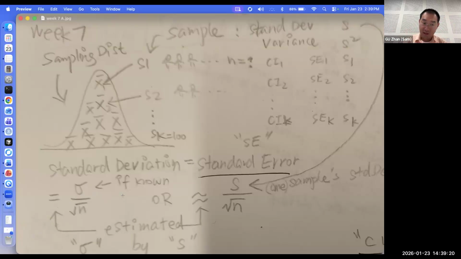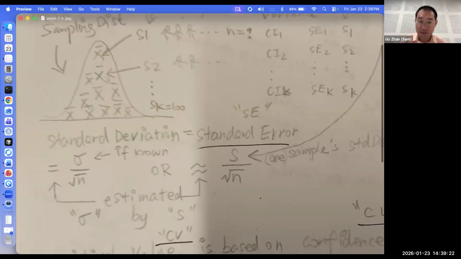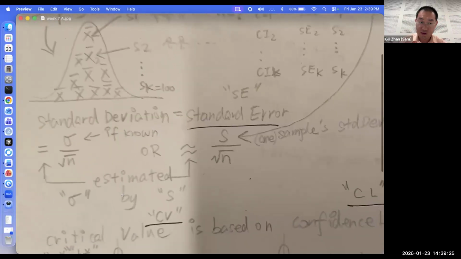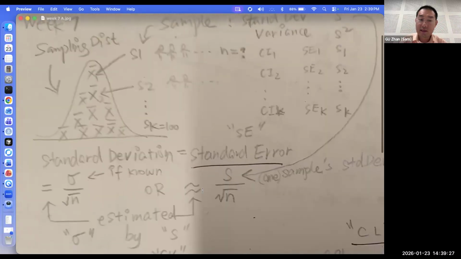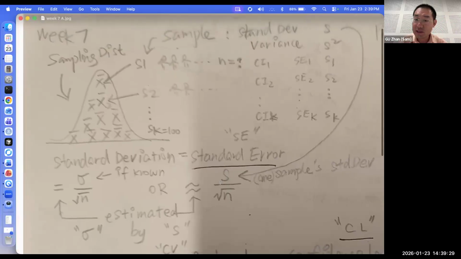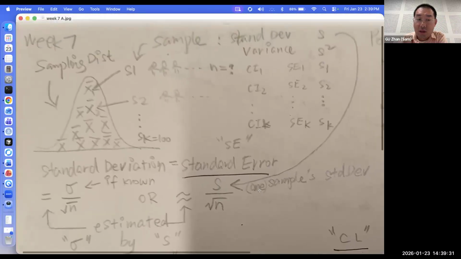This is when sigma is known. When sigma is not known, then what to do?